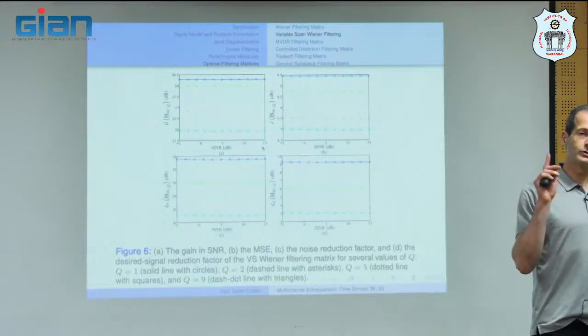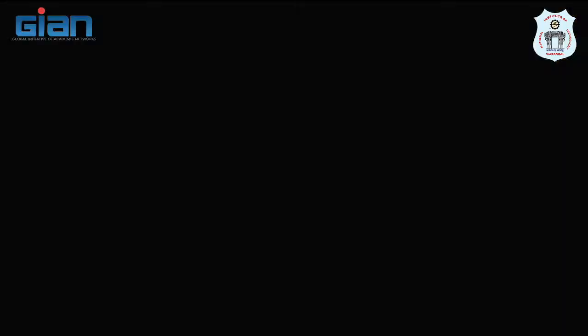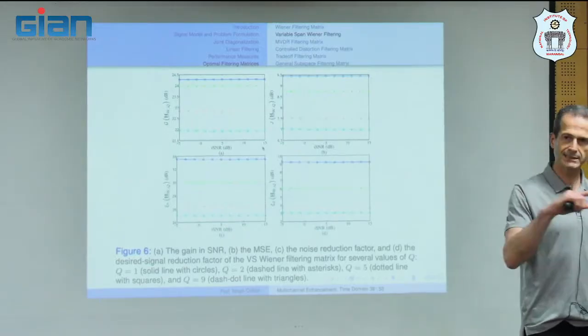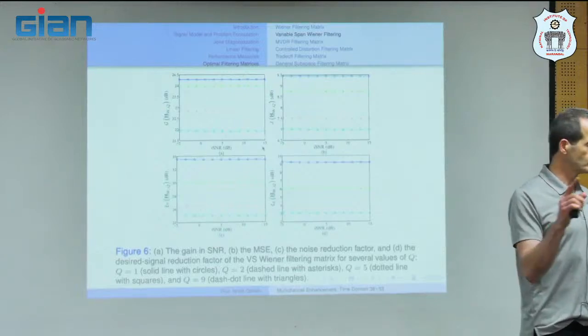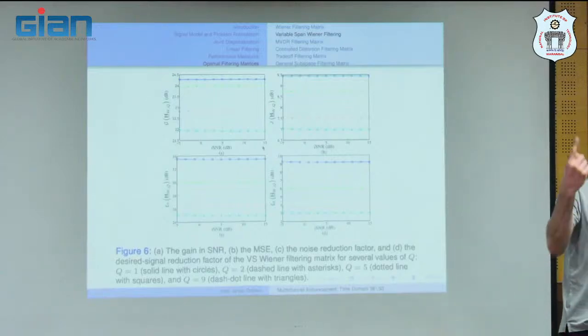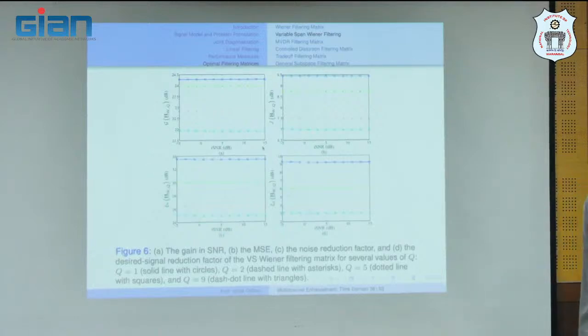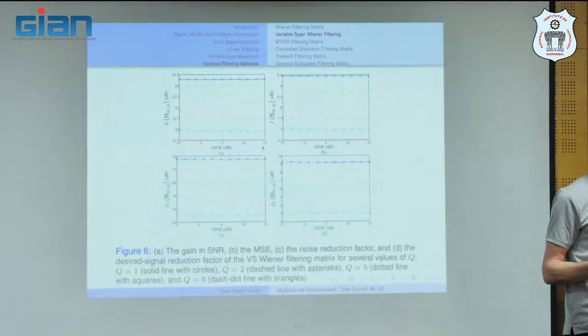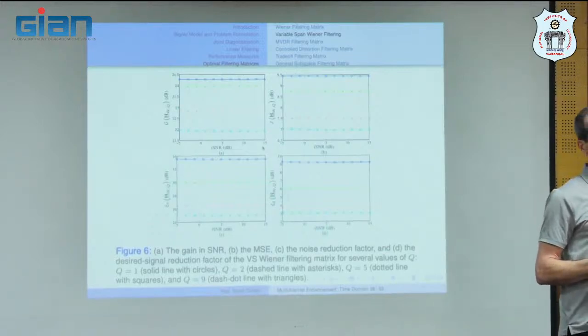I said choosing the reference sensor, you need to choose wisely. The best sensor, choose it as the reference. And then you try to use the other sensors to help you improve what you can get beyond a single channel. If you choose a bad sensor at the beginning, it's not good. So it's important to choose the best sensor first, as much as you can.